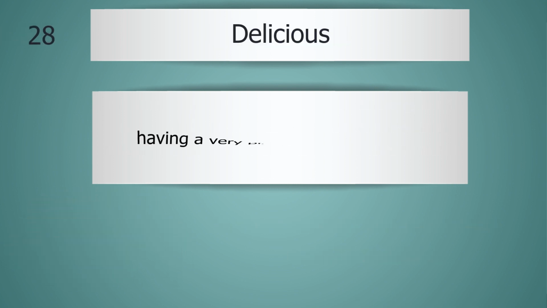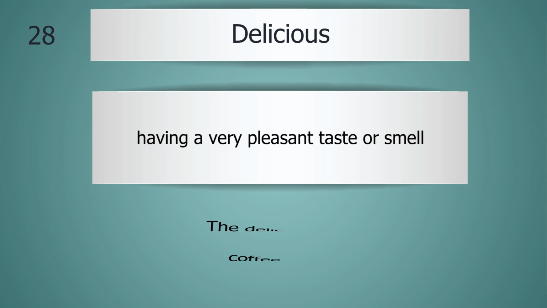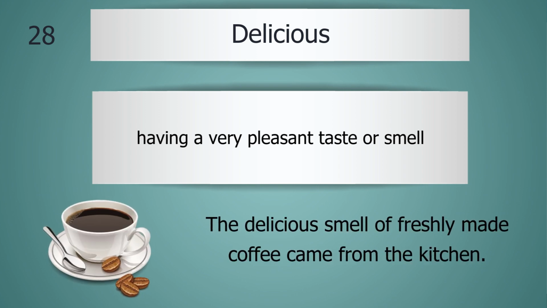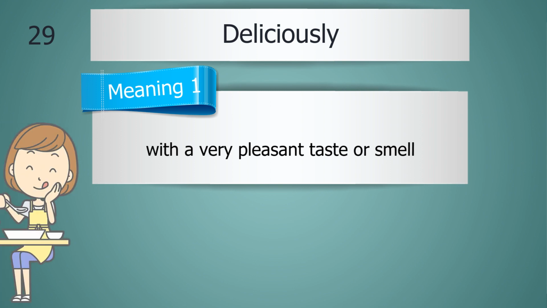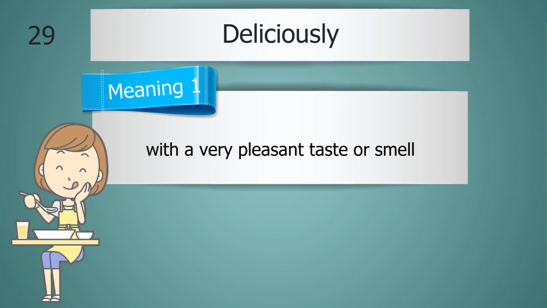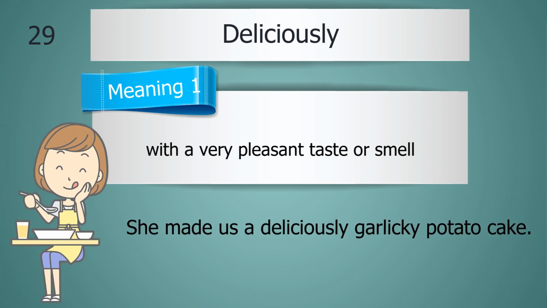Delicious, having a very pleasant taste or smell. The delicious smell of freshly made coffee came from the kitchen. Deliciously, first meaning, with a very pleasant taste or smell. She made us a deliciously garlicky potato cake.